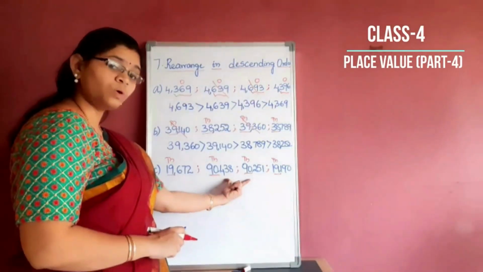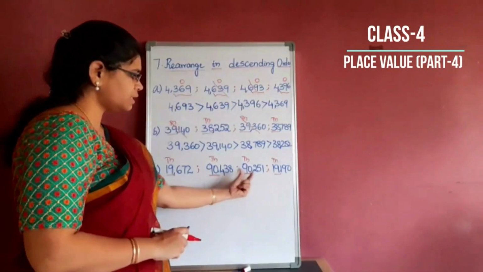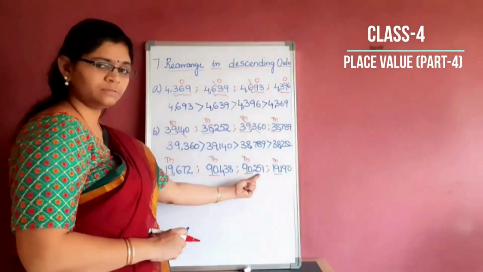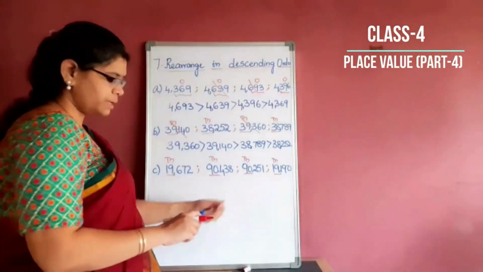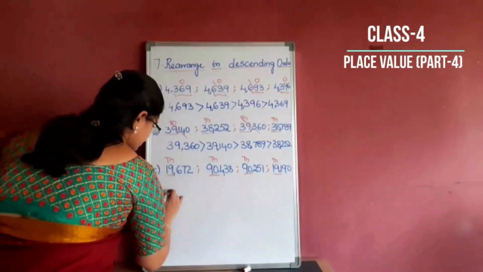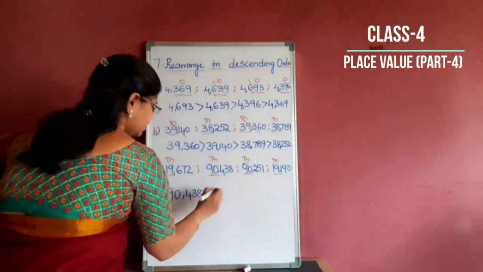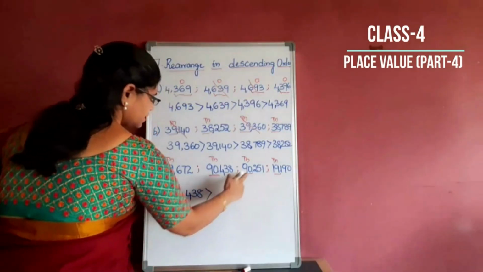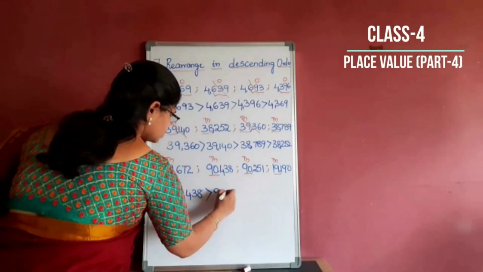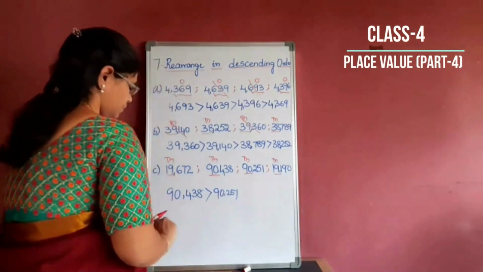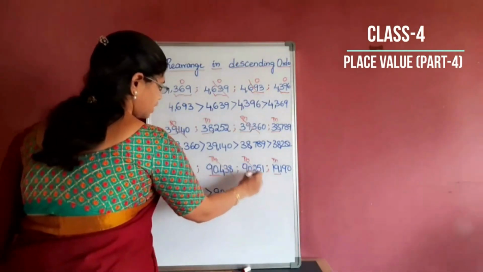Which is bigger, 438 or 251? This one is bigger. So I am writing this one first as 90,438. This is bigger than 90,251. So these two are done.